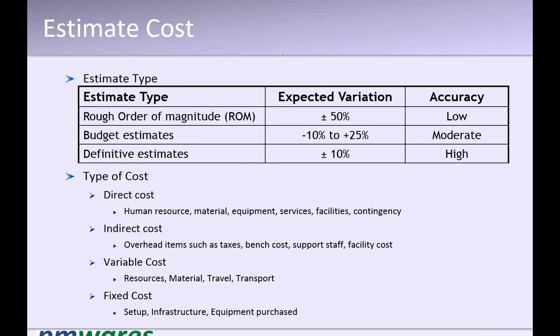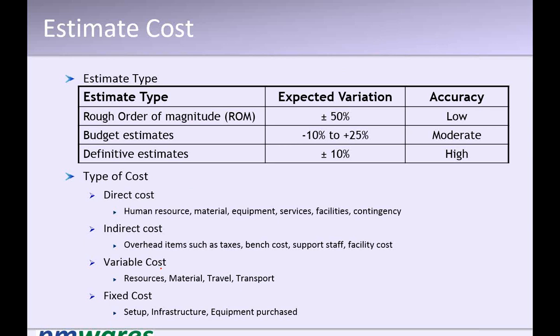Got it? Yeah. What is variable and fixed cost? Variable is a cost which comes from your operational expenses.